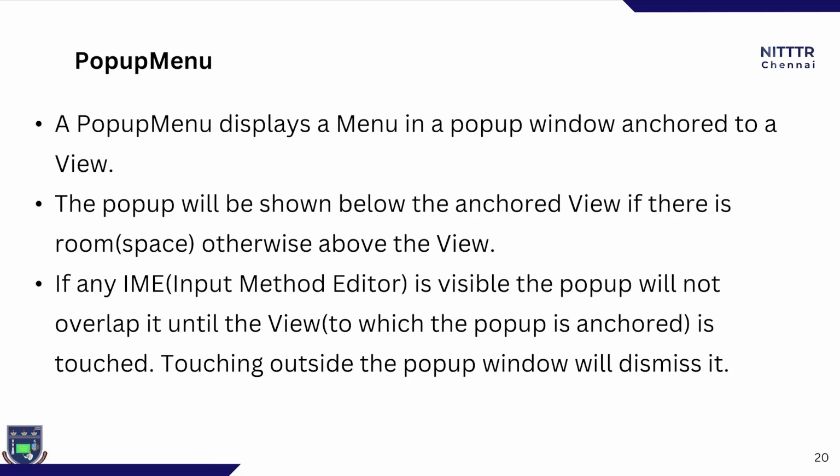If the IME, which stands for Input Method Editor, is visible, the pop-up will not overlap it until the view is touched. Touching outside the pop-up window will dismiss it. For example, we are going to make a pop-up menu anchored to a button, and on click the pop-up menu will appear, and on touching a pop-up menu item, a toast message will be shown.